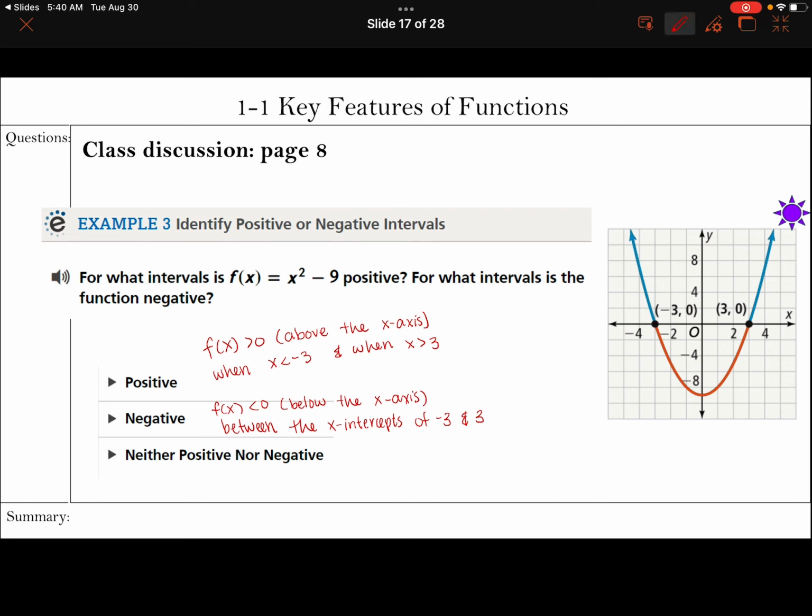Okay. So it's neither positive nor negative when it's at 0. So when the graph is at the x-axis, or x-intercepts.